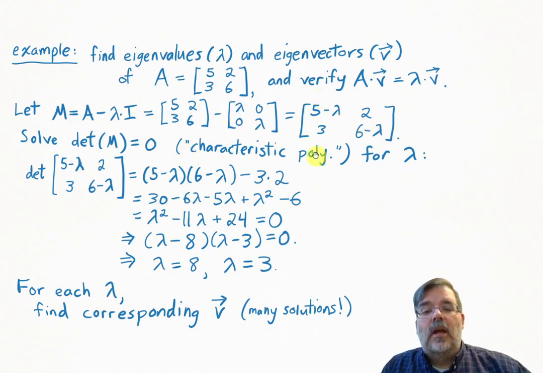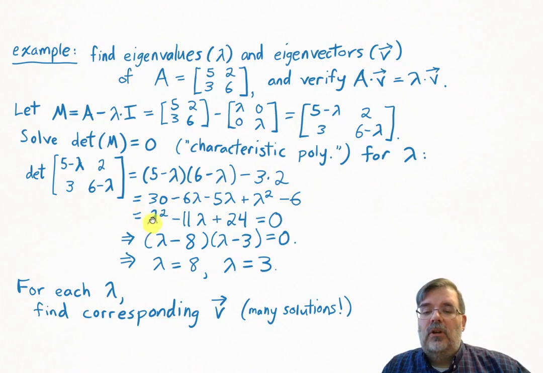So we're coming up with a characteristic polynomial. The determinant of this matrix is 5 minus lambda times 6 minus lambda minus 3 times 2. If we FOIL this out, we'll get 30 minus 6 lambda minus 5 lambda plus lambda squared minus 6.